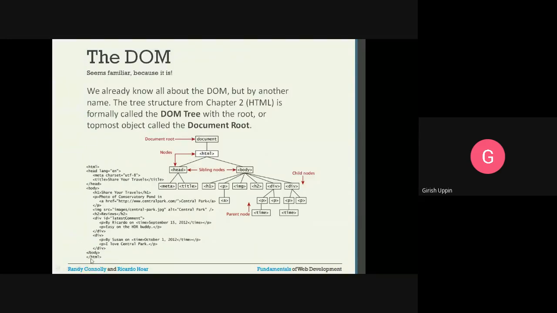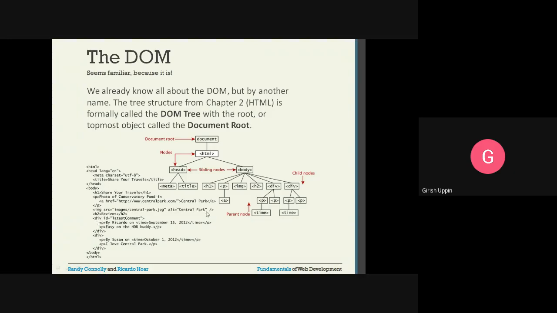Inside the HTML we have two siblings, head and body, and inside the head we have two elements, meta and title. You can see these are the children of this particular node, and inside the body we have h1, paragraph, h1, paragraph. Inside the paragraph we have the anchor tag, the anchor HTML element. Then we have the image, and then we have the h2 header.